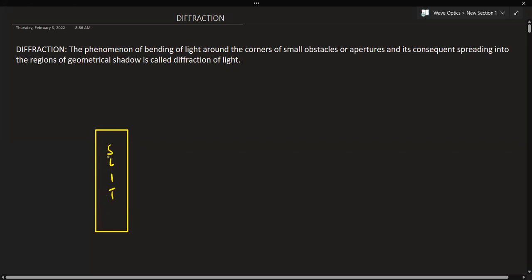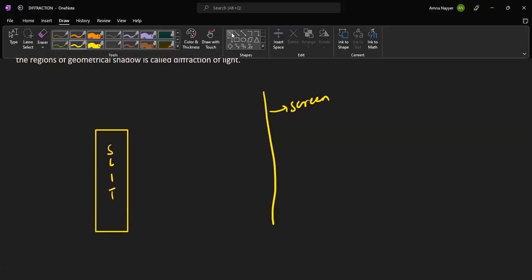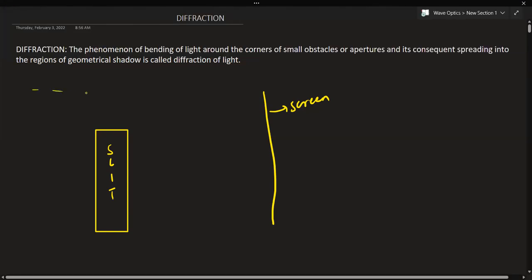Now see what will happen. I have passed some light, and this is my final screen. Now see, if rays of light are coming from all the directions, then what should happen? The rays of light should reach over here.